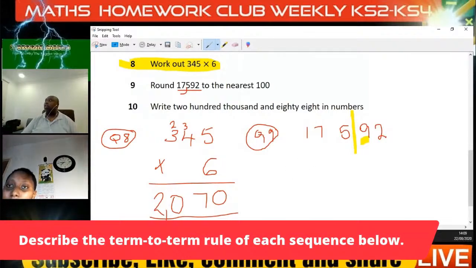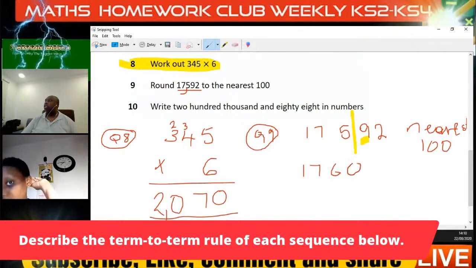So in this case, to the nearest 100, it's going to be 17,600.